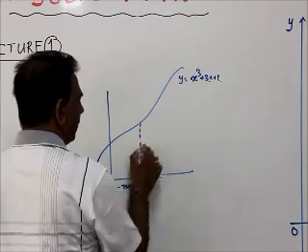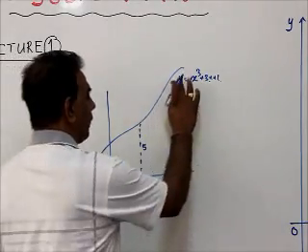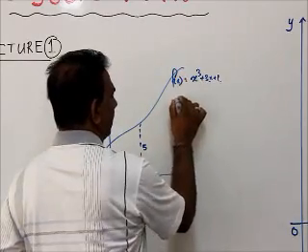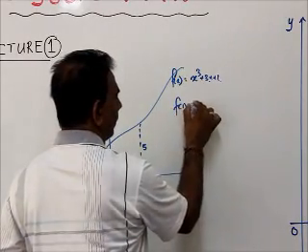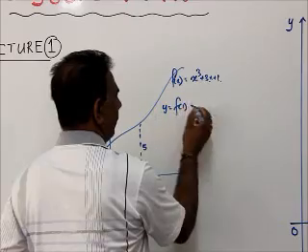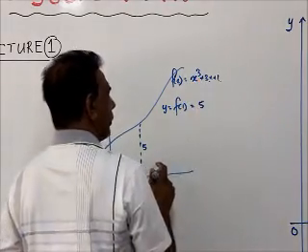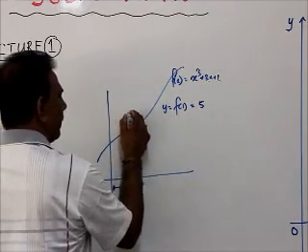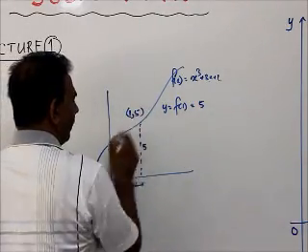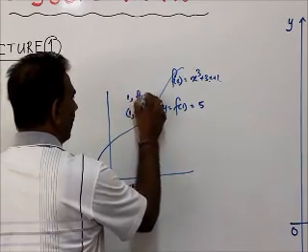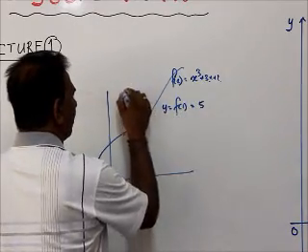So this coordinate is 5. If we call this f(x), then f(1) is equal to y, the y coordinate, that is 5. So we can mark this coordinate 1 comma 5, in another way, 1 comma f of 1. f of 1 is 5.